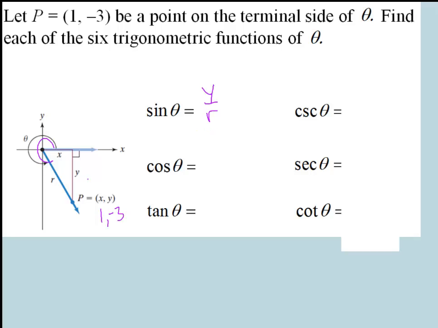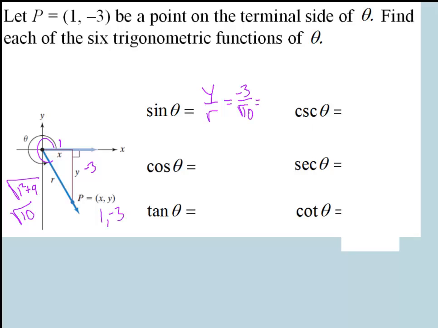And what's the length of y? y is -3 and x is 1. What is r? We use the distance formula. r is the square root of 1 squared plus 3 squared, so 9. So r is the square root of 10. Sine is y over r, which is -3 over the square root of 10.